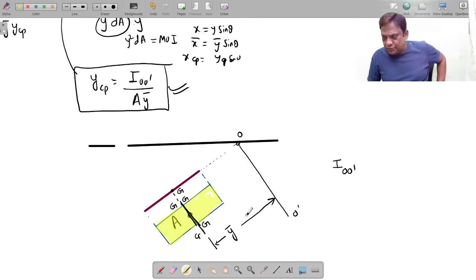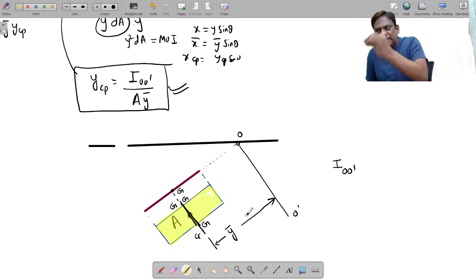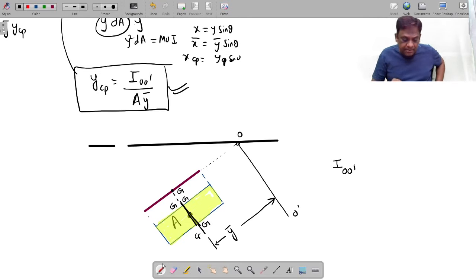Now, you know my parallel axis theorem, which you have studied in 12th class or engineering first year. You should know this, because you have completed engineering.